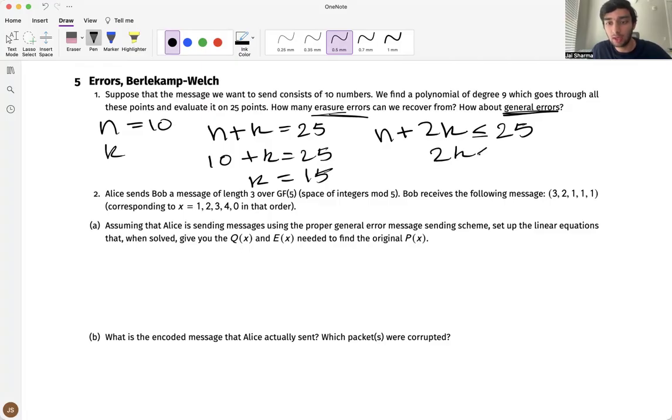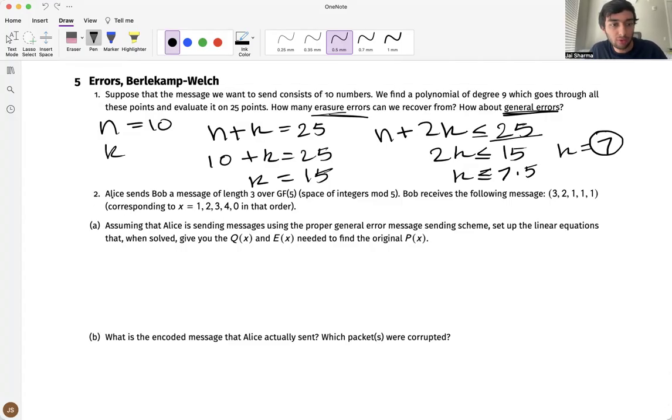So 2k is less than or equal to 15. k is less than or equal to 7.5. So basically k is equal to 7 because it has to be an integer. So the number of general errors that we can have is 7, because 10 plus 2 times 7 is 24, which is less than the number of points that we are allowed to send, which is 25. That's the constraint.